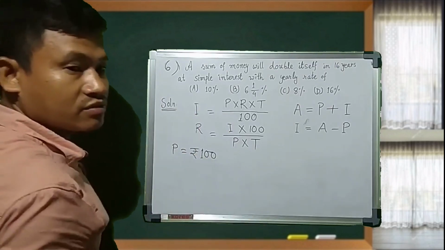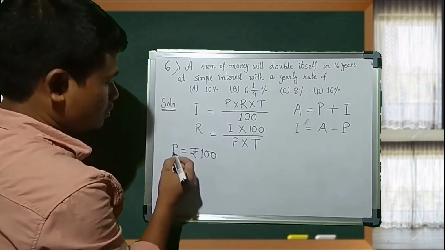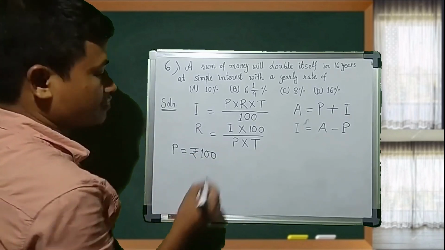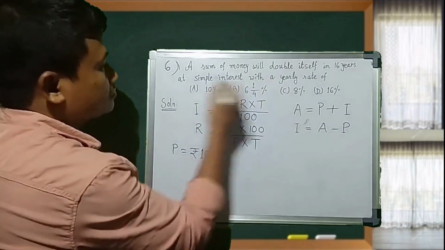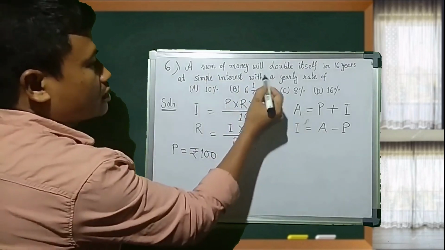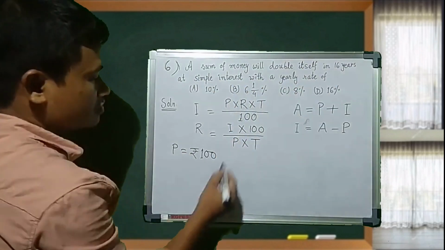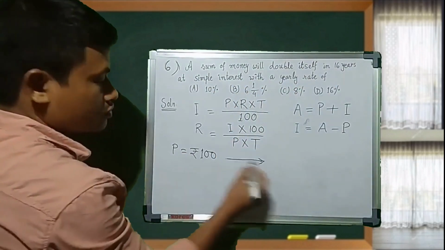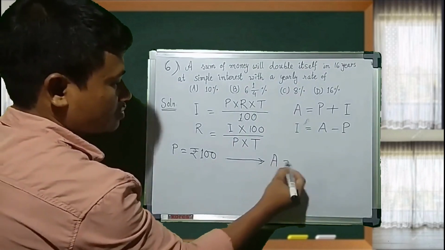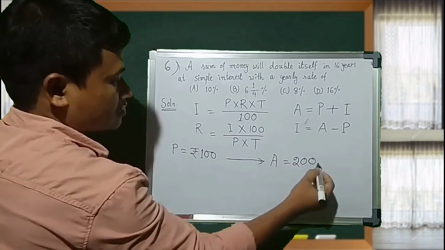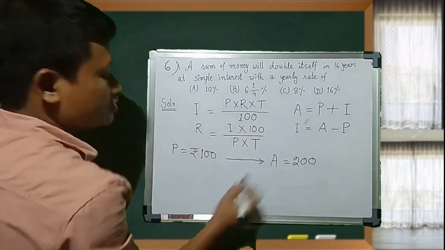It becomes easier to find a solution. So principal is supposed to be 100 rupees, and a sum of money becomes double itself in 16 years. Double means twice, 2 times. So amount becomes 200 rupees in 16 years.